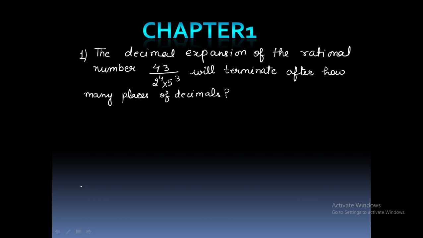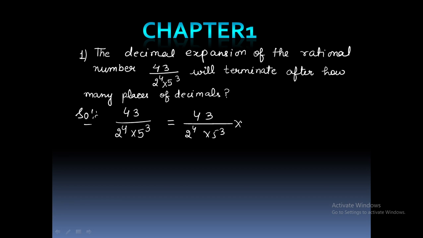For solving this question, you have to first write 43 over 2 raised to power 4 multiplied by 5 raised to power 3. Then here we take 5 raised to power 1 over 5 raised to power 1.